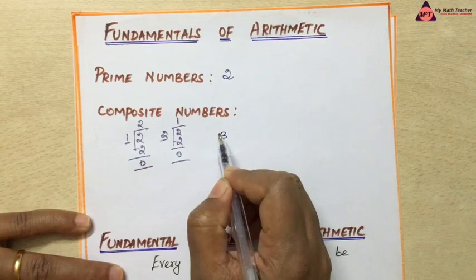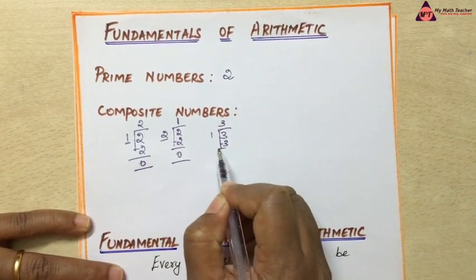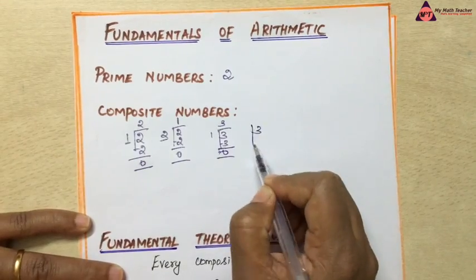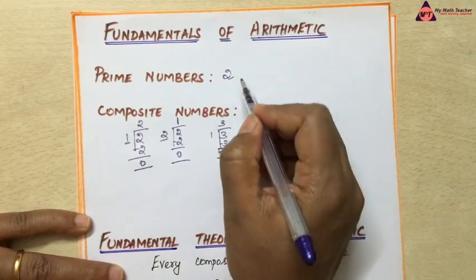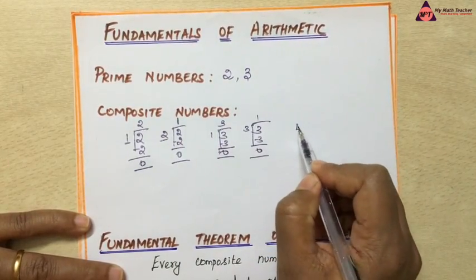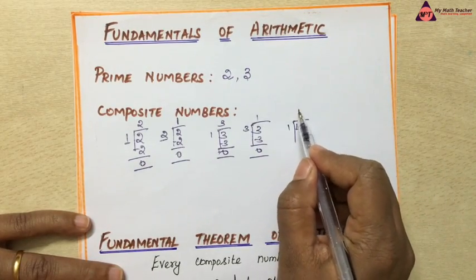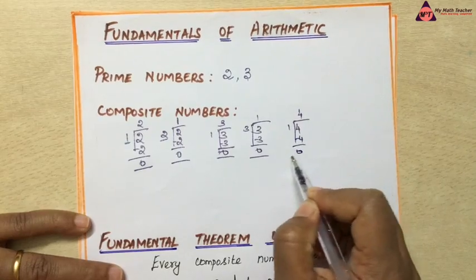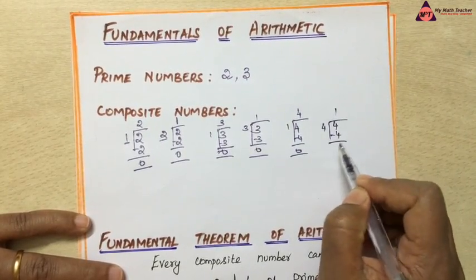Next, number 3. We know that you can divide by 1, the quotient will be 3. And when you divide by 3, the quotient will be 1. Again, it's a prime number. Now, number 4. When you divide by 1, it will be 4. You can again divide by 4, the quotient is 1.